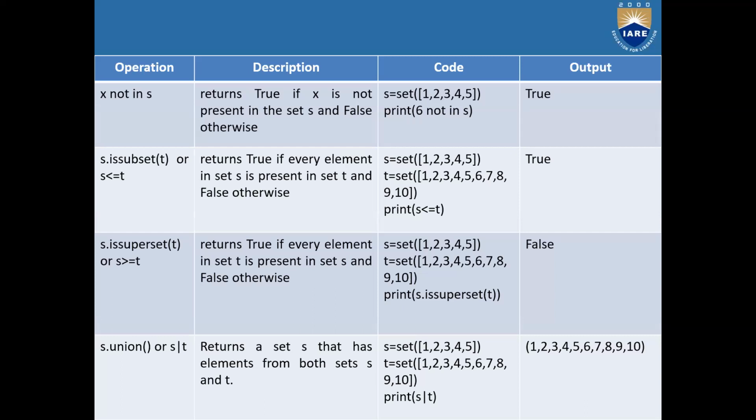Is superset, what it does is, it returns true if every element in set T is present in set S. And it returns false if that particular elements which are present in set T are not present in set S. See the example. Are every elements of T present in set S?